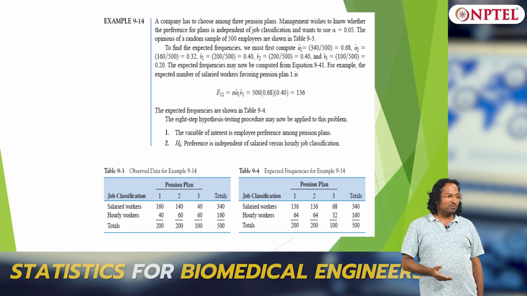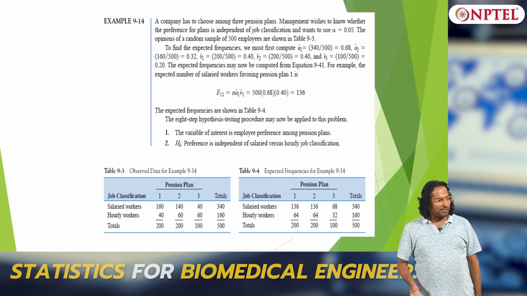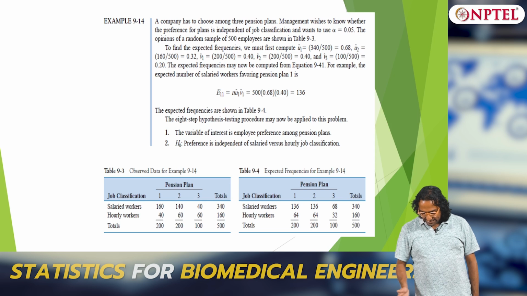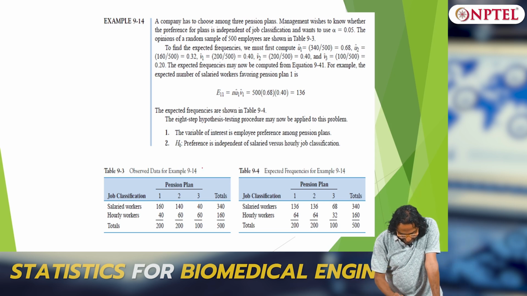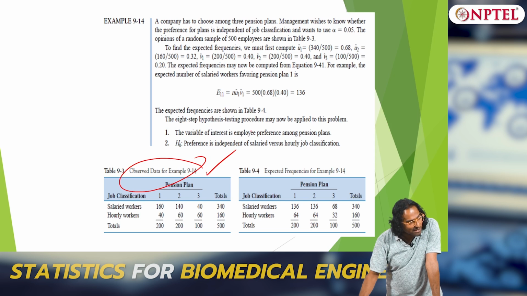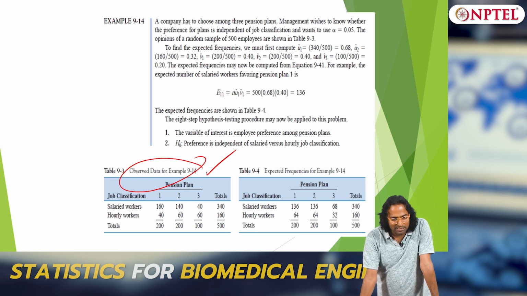Most likely no. So there may be a relation between the pension plan and the job classification itself. We have 3 levels at both ends and the data is given to you. This is my observed data. Now I want to verify whether they are independent or dependent. That is the question, right?